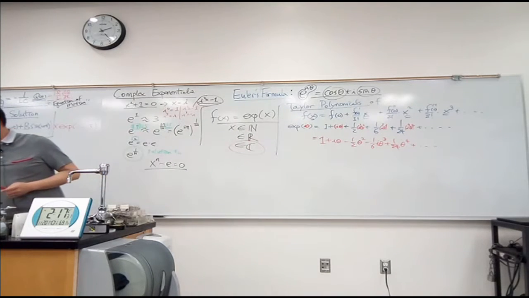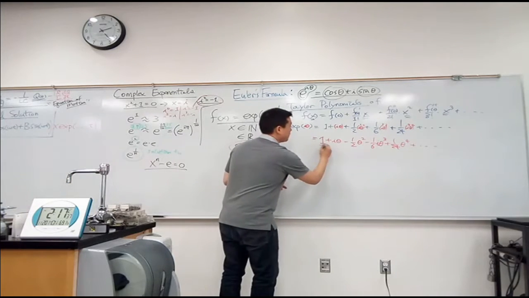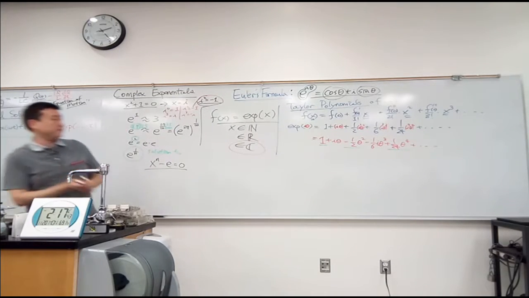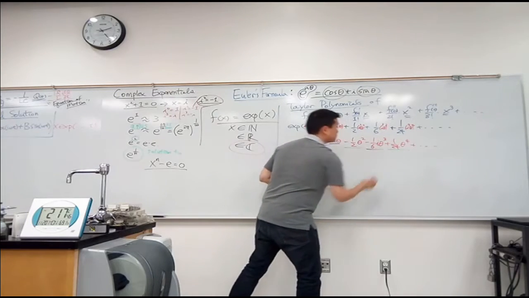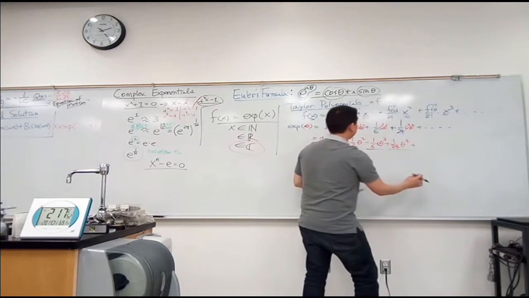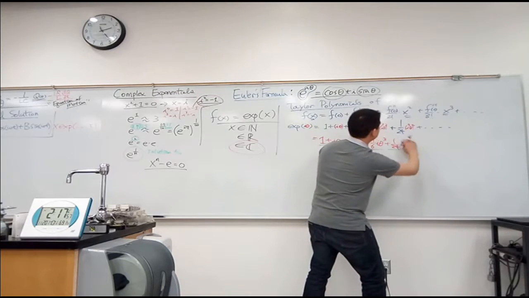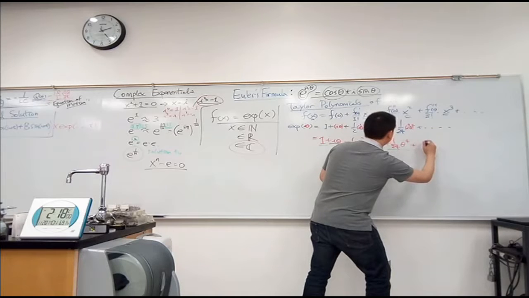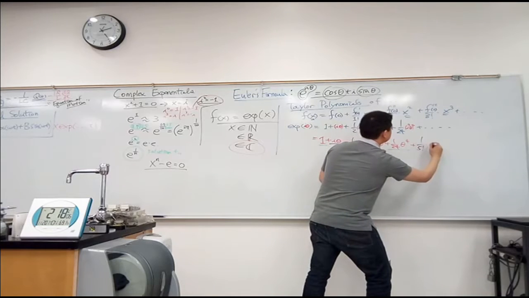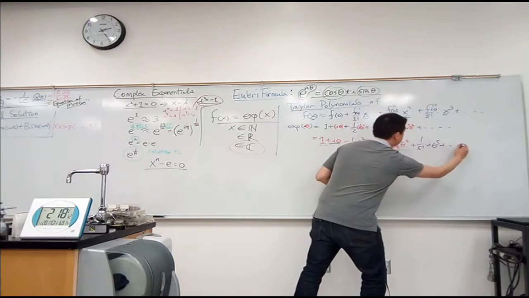So all the terms can be categorized into one of two categories: the terms that do not have I, the imaginary number, in them, and the terms that do have the imaginary number in them. If I wrote out one more term, the 5th term here would have been I to the 5th power, so it'd be plus 1 over 5 factorial I theta to the 5th power, and so on.